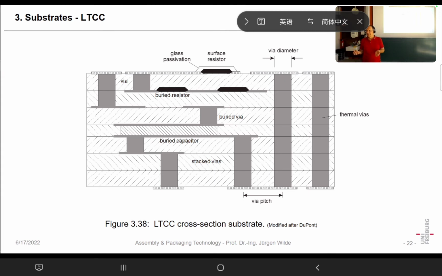It is hard to imagine that you first produce your circuit, fire it, then you have a ceramic plate, like a kitchen plate, as hard, and then you drill holes. Impossible. It's possible, but the effort is ultimately high. So what you have to do is you have to do the holes in the so-called green tape. So the green tape is the layer here before it is fired.